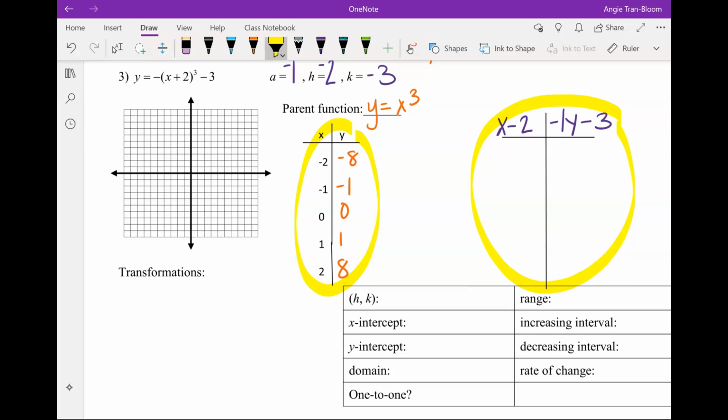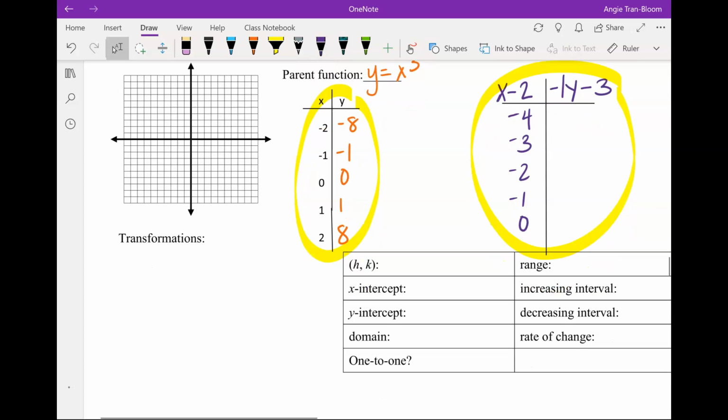Chris, give me the 5 inputs. Thank you. 5 outputs. Jake, 5 outputs. Boys, girls, I can't hear Jake. 5, negative 2, negative 3, negative 4, negative 11.